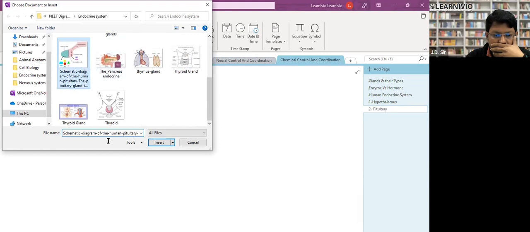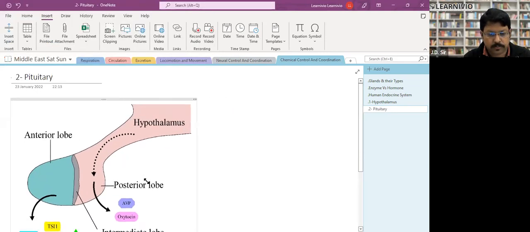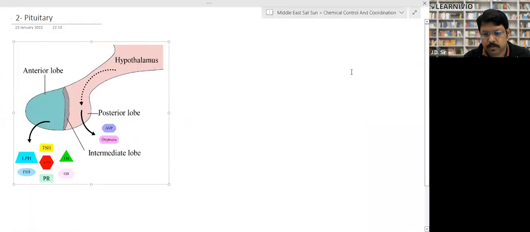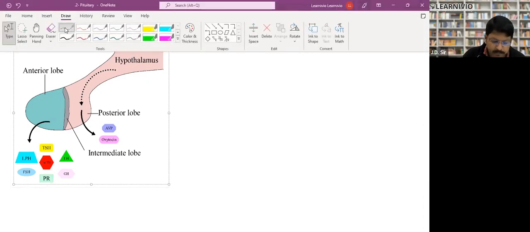This is a better diagram than the other ones. So pituitary gland, note it down. It is located below the hypothalamus.